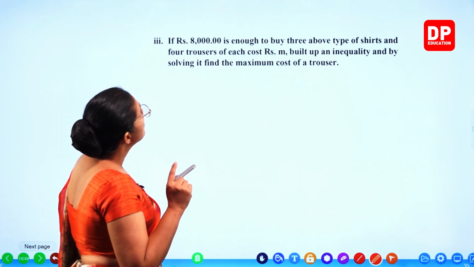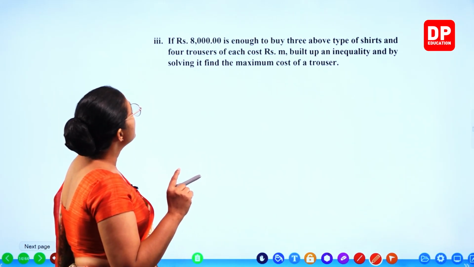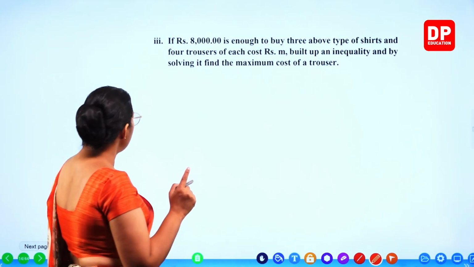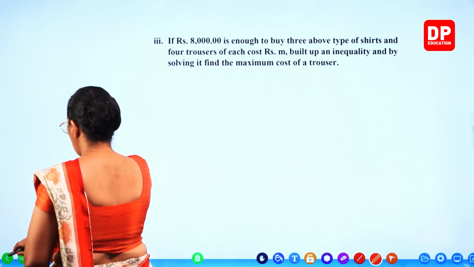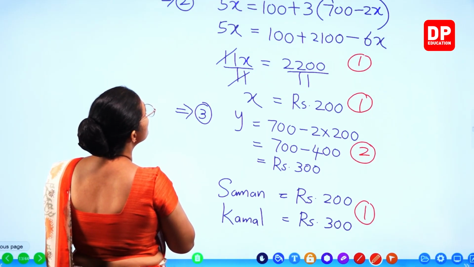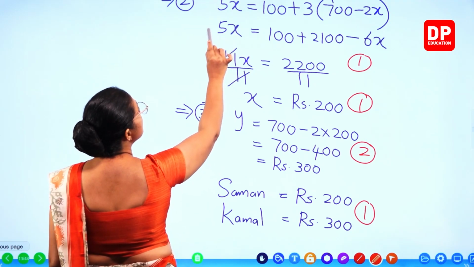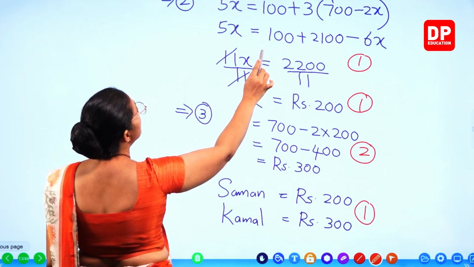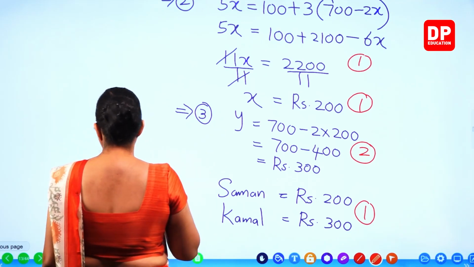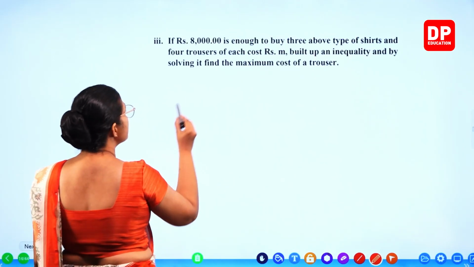Trouser cost is m rupees. So what is the shirt price there? We can find the shirt price from this equation here, 5x or 100 plus 3y. So let's take 5x as the shirt price.